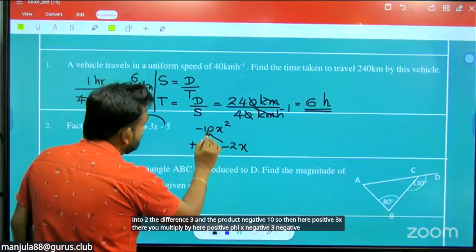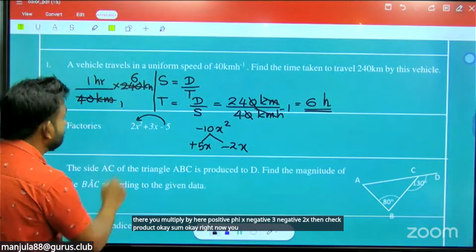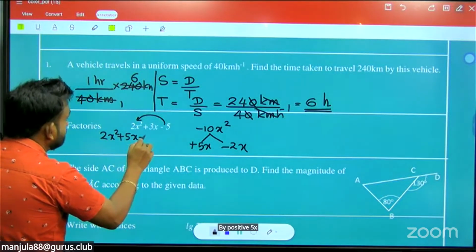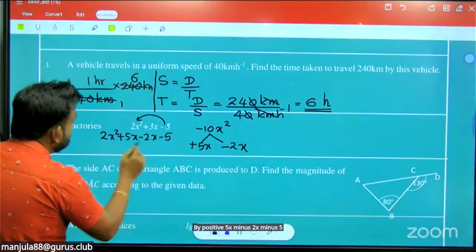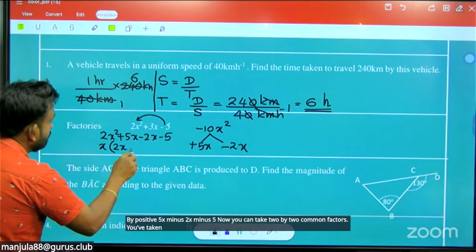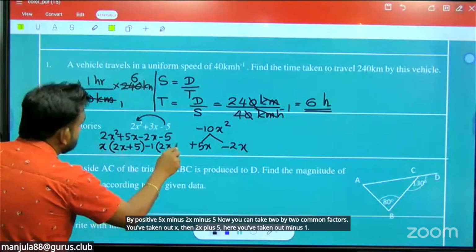Then check: product okay, sum okay. Now you replace the middle term by positive 5x minus 2x minus 5. Now you can take common factors from two by two. From the first pair you take out x, leaving 2x plus 5. From the second pair you take out minus 1, leaving 2x plus 5.